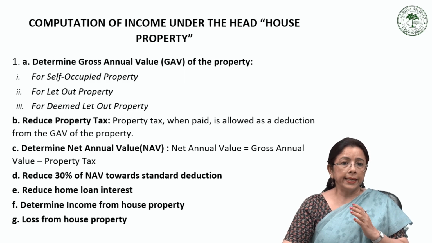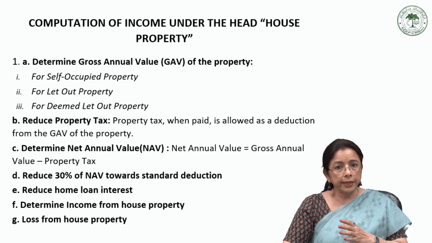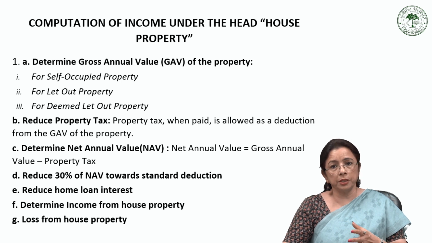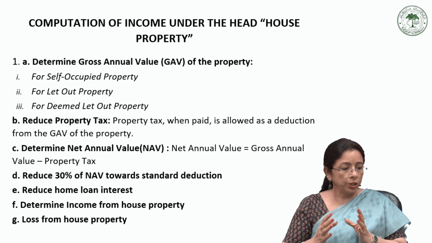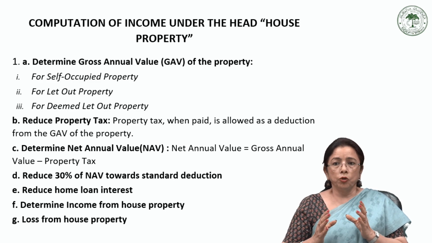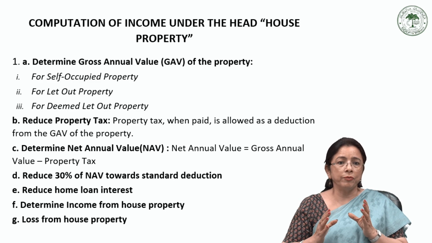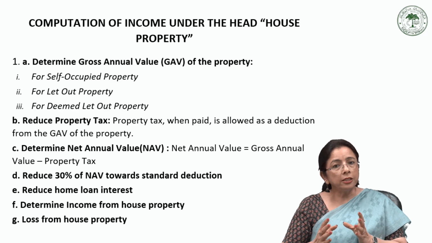It may be neither the actual rent derived nor the municipal valuation of the property. It is something like notional rent, which could have been derived had the property been let out.